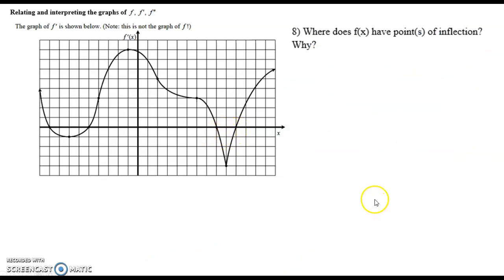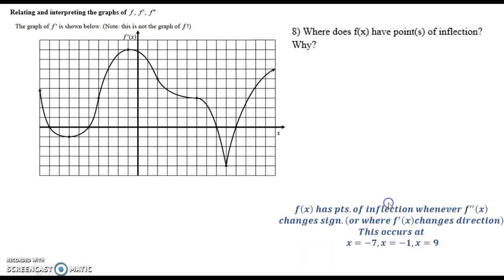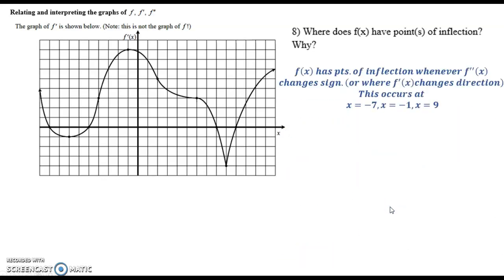Next, it asks me where does the function f have points of inflection. Now remember, points of inflection occur when the curve f of x changes concavity, and changes in concavity occur either where the second derivative changes sign or when the first derivative changes direction. So we look, we have the second derivative, so we think derivative of the derivative.